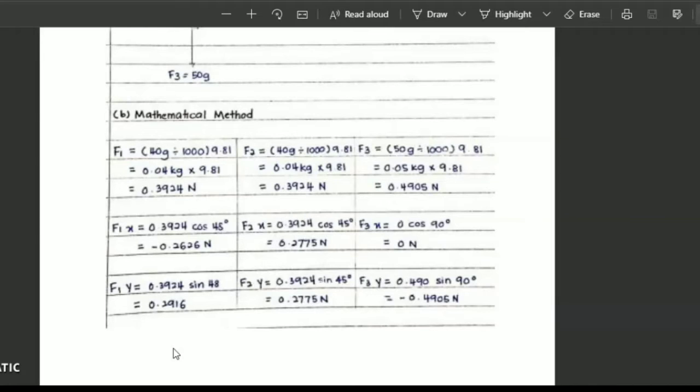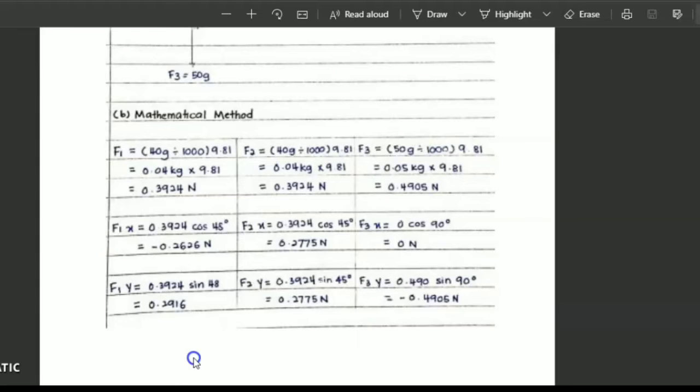So for F2, 40 gram we divide with 1000 multiply with 9.81, we will get 0.3924 Newton. So F2x equal to 0.3924 cos 45, we got 0.2775 Newton. F2y equal to 0.3924 sine 45, and we got 0.2775 Newton.